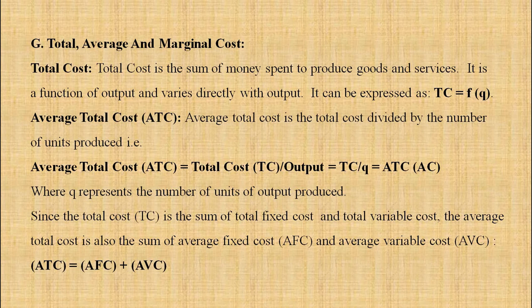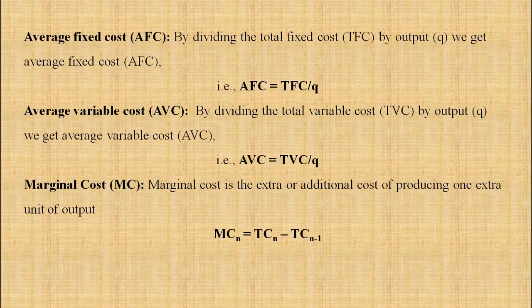Since the total cost is the sum of total fixed cost and total variable cost, the average total cost is also the sum of average fixed cost and average variable cost. So ATC is equal to AFC plus AVC.